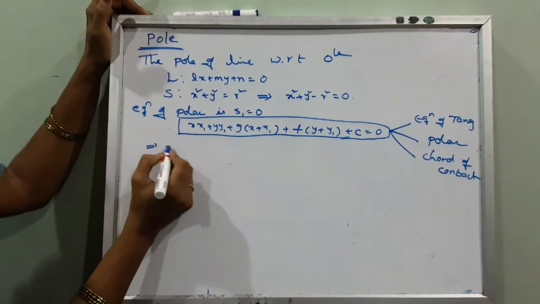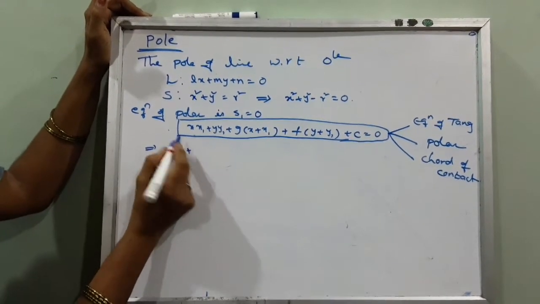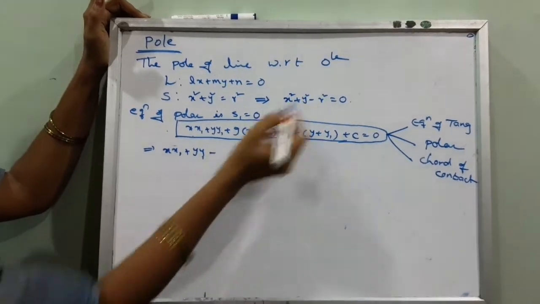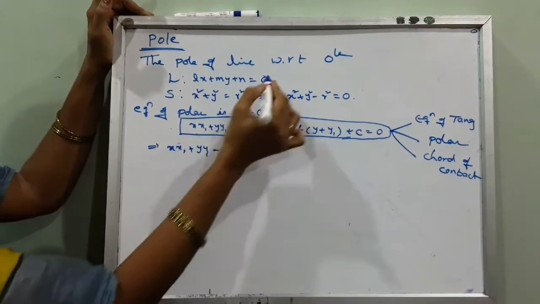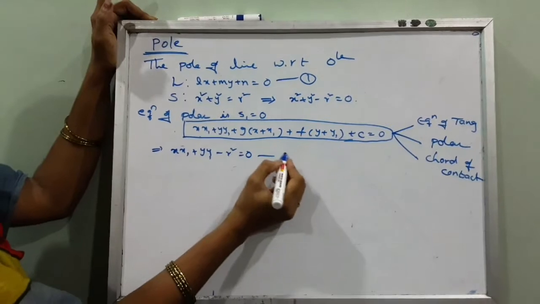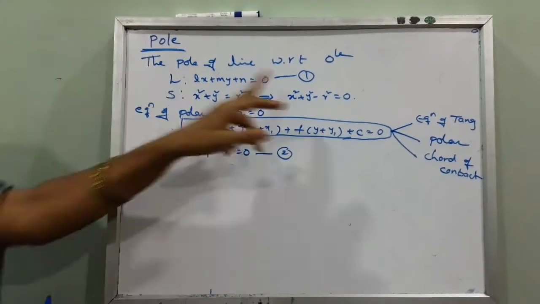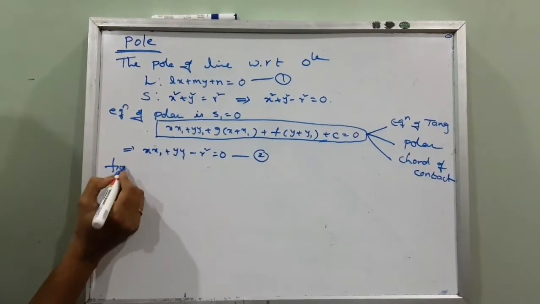From this, xx1 plus yy1 minus r square is equal to 0. Let us suppose this is equation 1 and the line is equation 2.